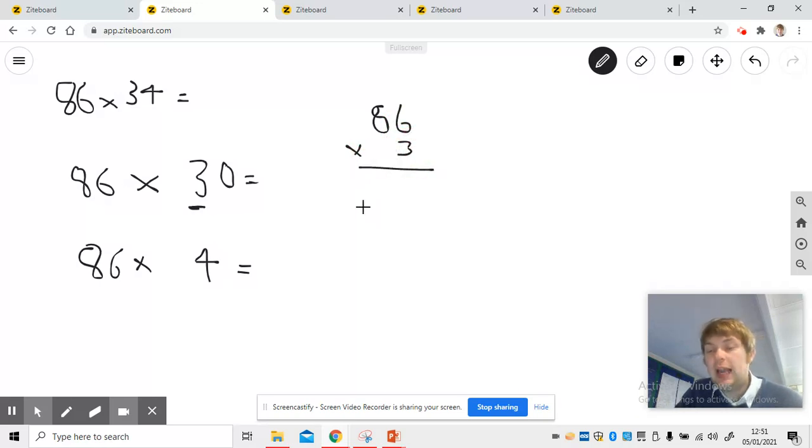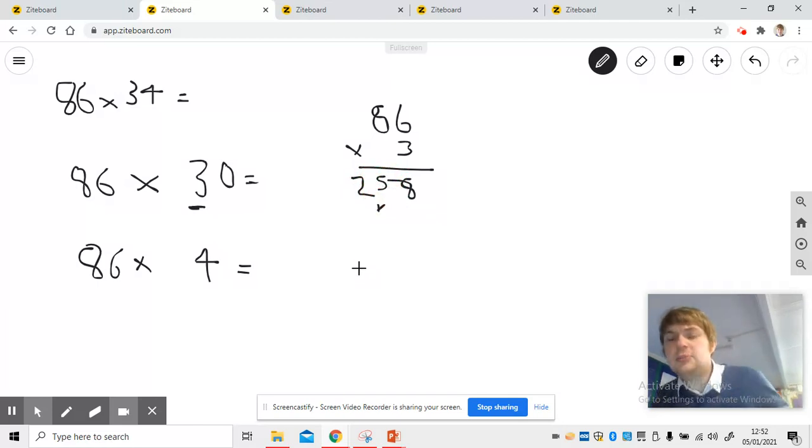Because sometimes we have to do other work to help us reach the answer we want. So 6 multiplied by 3 we know to be 18. And 3 multiplied by 8, or 8 tens, is 24 tens. Add 1 is 25. So 258.